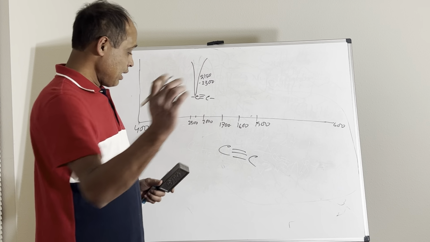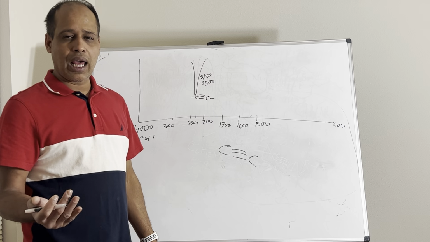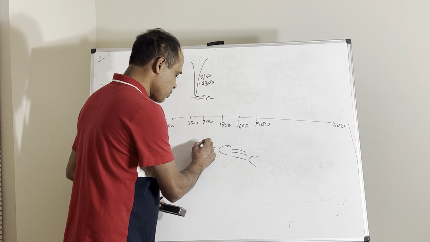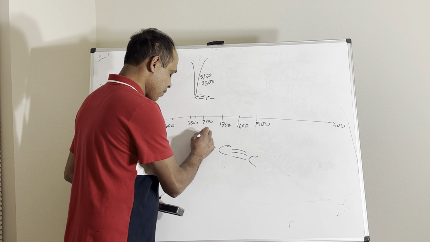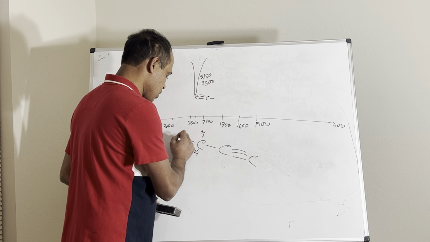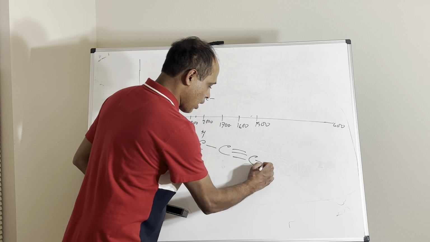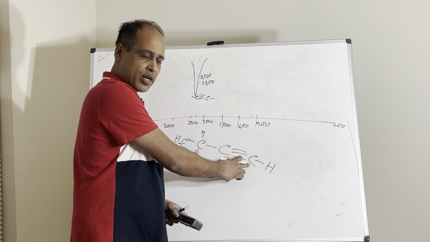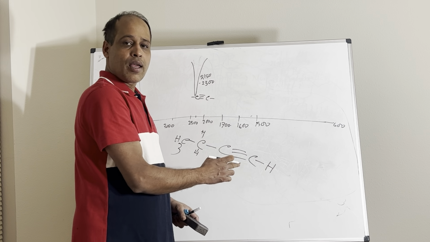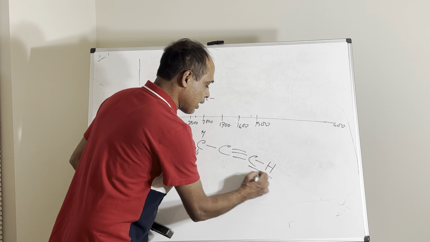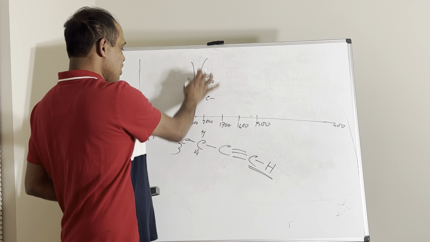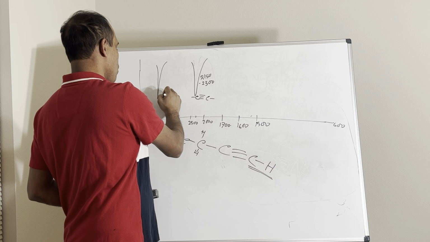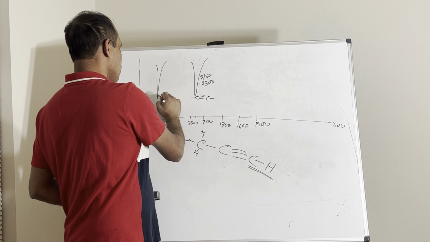Now an alkyne can be a terminal alkyne or an internal alkyne. So what is a terminal alkyne? Suppose you have another carbon and you have this hydrogen here. If you have one hydrogen on one of the triple-bonded carbons, this is called a terminal alkyne. So if you have the terminal alkyne C-H, along with this peak, you will definitely get one sharp band around 3100 to 3200.